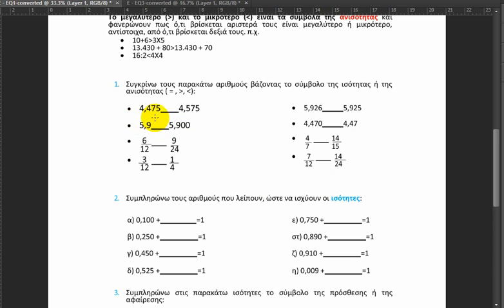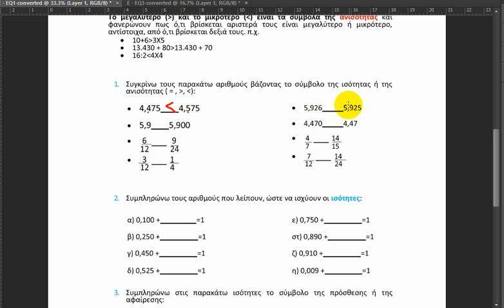All right, here we have 4.475 and 4.575. The integral parts are the same. So I compare the first digit to the right, and 5 is more than 4, so this number is greater.